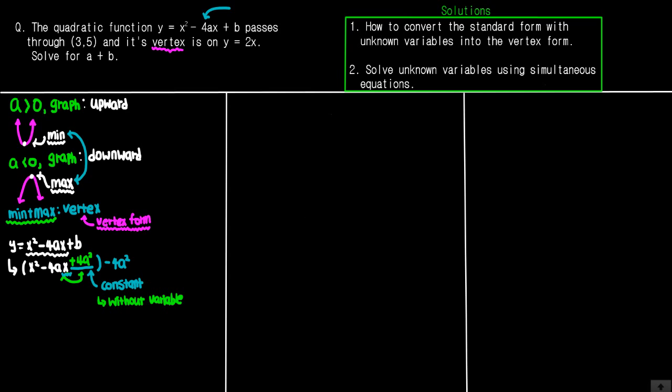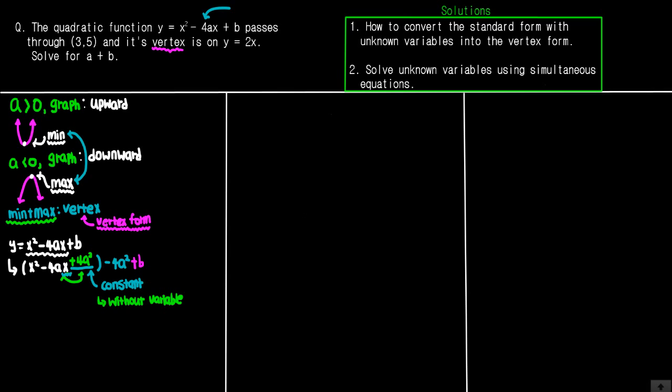But if it contains an x value, which is a variable, the value will change or vary depending on the x value. We subtracted 4a squared, but we still have our constant b, so we can write plus b.